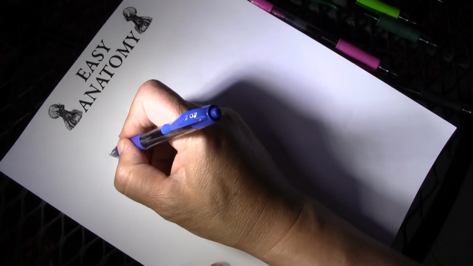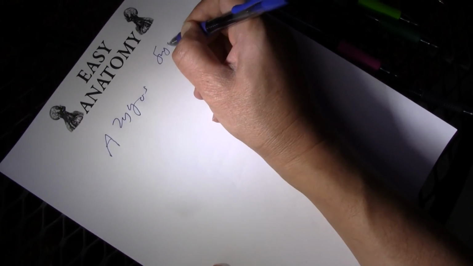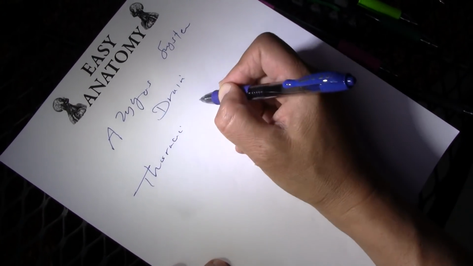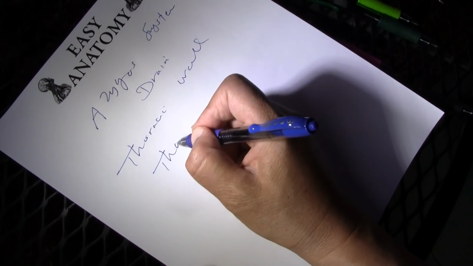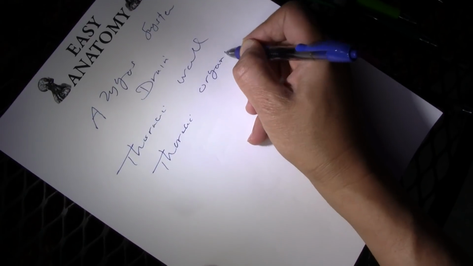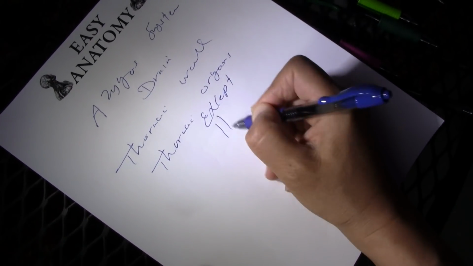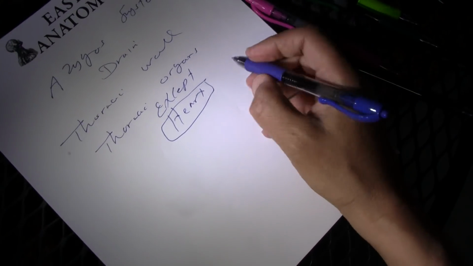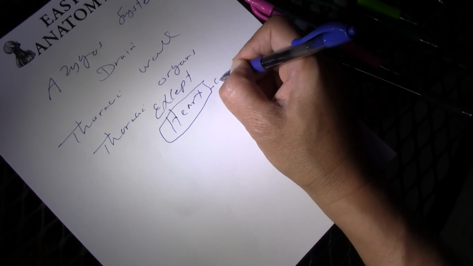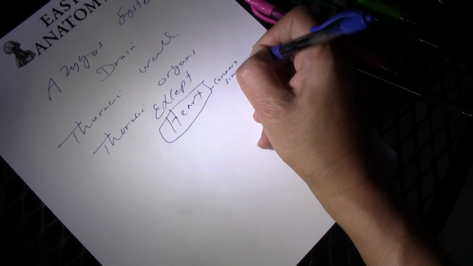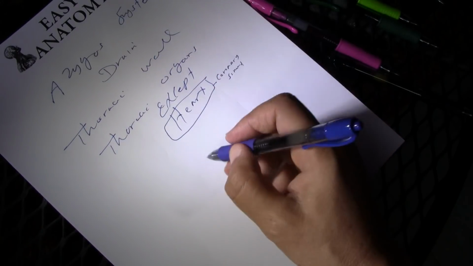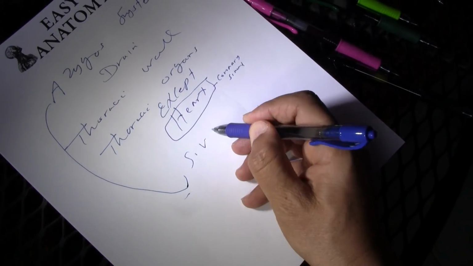This means that azygos system drains thoracic wall and thoracic organs except heart. Heart has its own venous drainage through what we call coronary sinus. Okay? So at the end of the day, this azygos system ends up into superior vena cava.